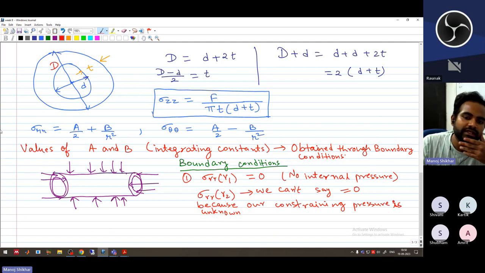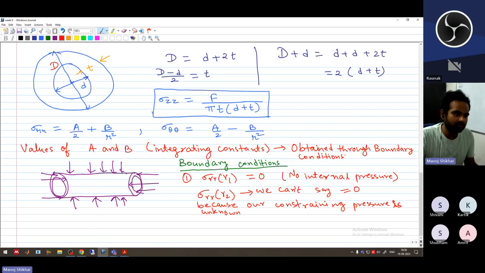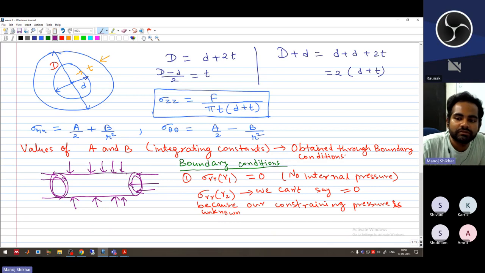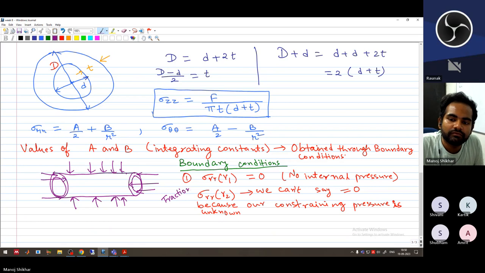The pressure which is getting applied on this body on its lateral surface by the wall of the hole. So this was the traction boundary condition, right? BC means boundary condition.